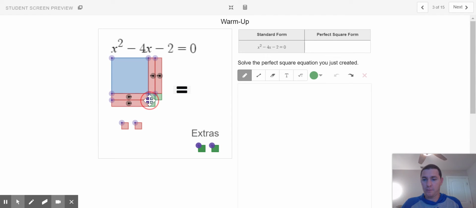And then to deal with these negative 2s, we're going to bring over positives to cancel them out. So in total, I just brought in 6 green squares on the left, so I'm going to bring in 6 green squares on the right.